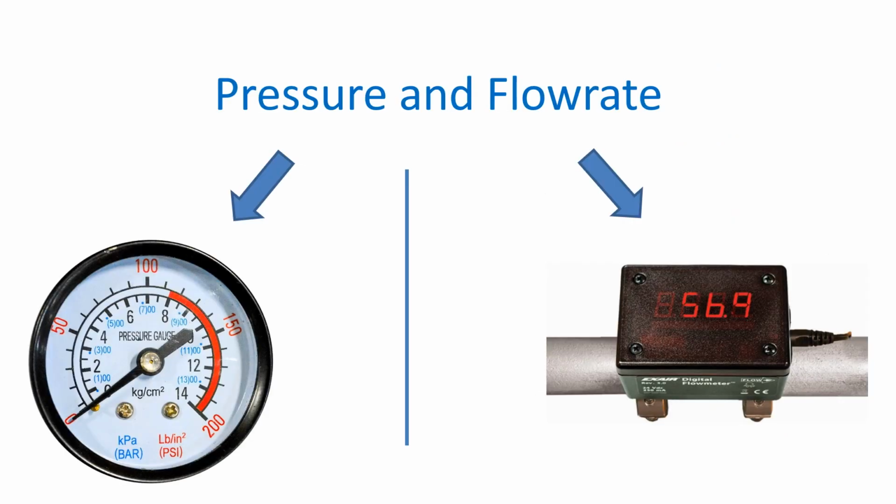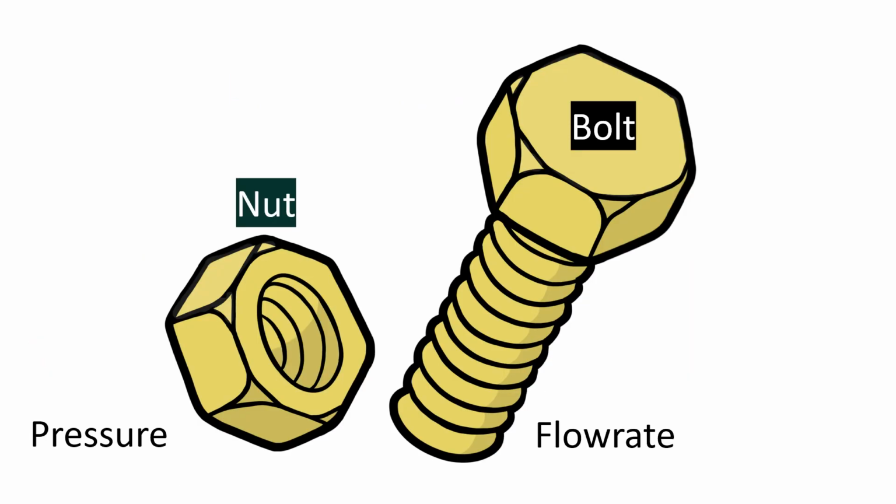Pressure and flow rate in a pneumatic and hydraulic circuit. They are both totally independent phenomena that work together to enable us to do work. Look at a nut and bolt. They're both different. By themselves, they are useless, but together they can do work, like bolting things together.